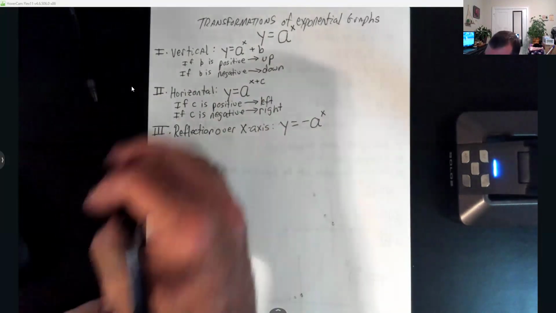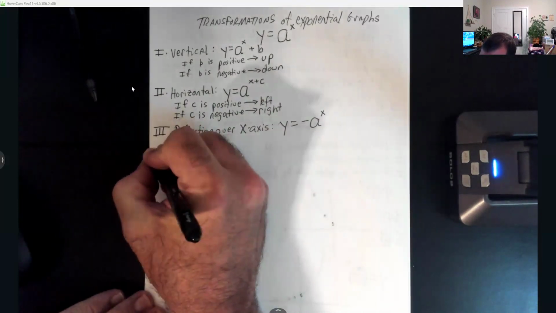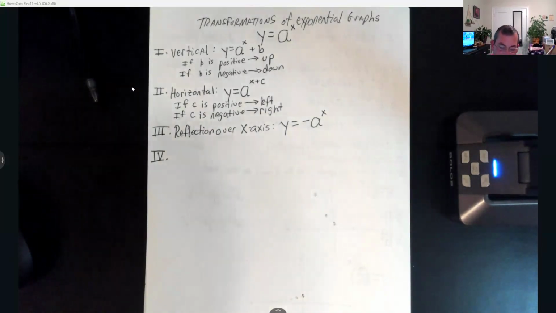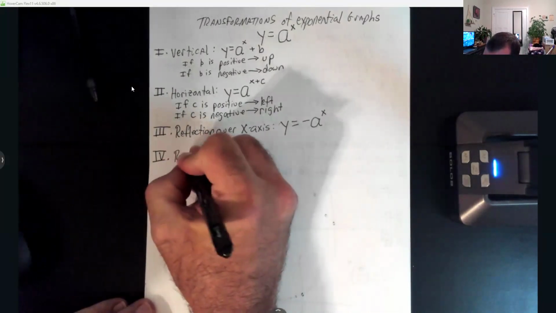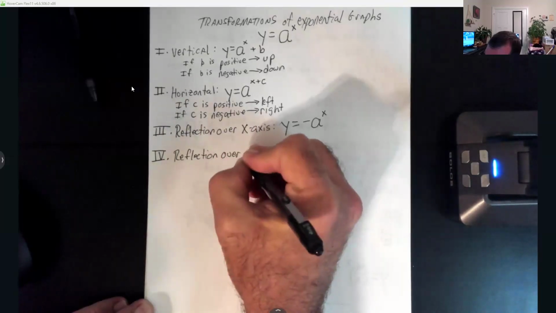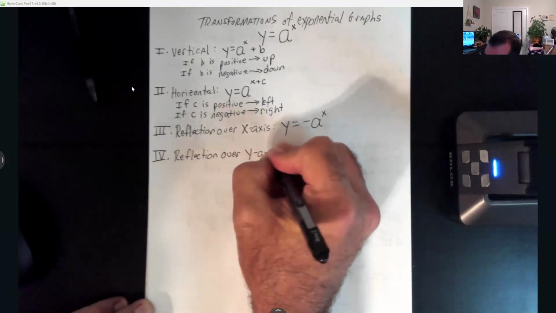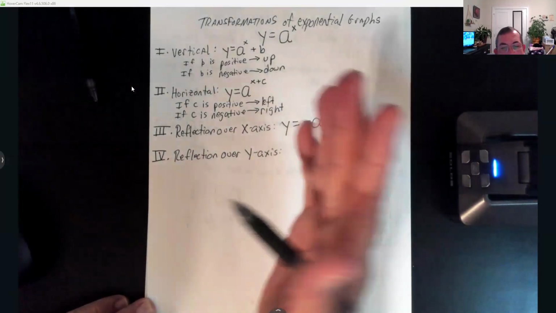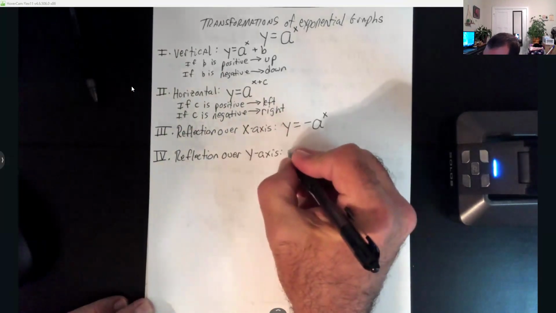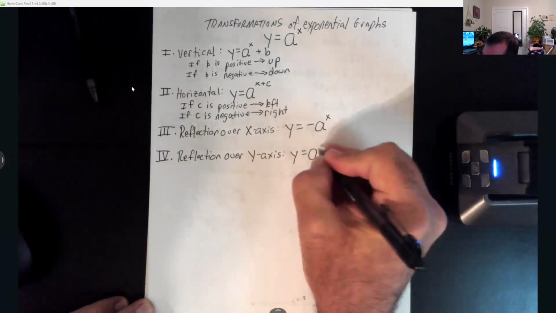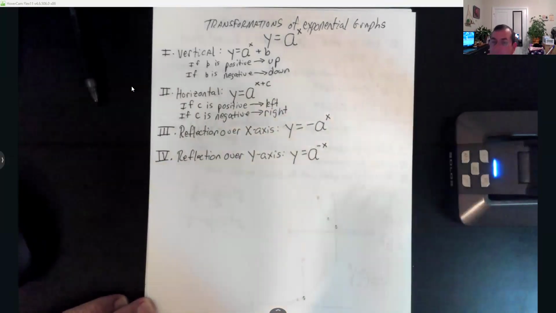So the new one is that we can now reflect over the y-axis. So y'all watch this. To reflect it over the y-axis, we would have y equals a to the negative x.